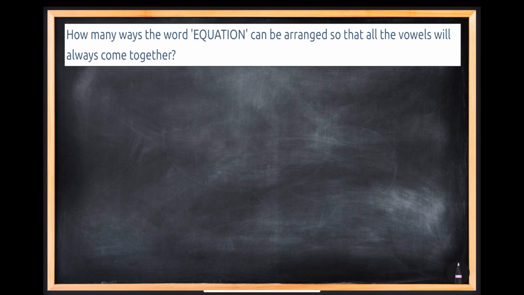Now let's try to handle this question. How many ways can the word EQUATION be arranged so that all vowels will always come together? Look at this. The vowels wish to come together.